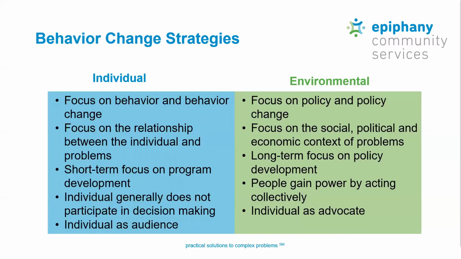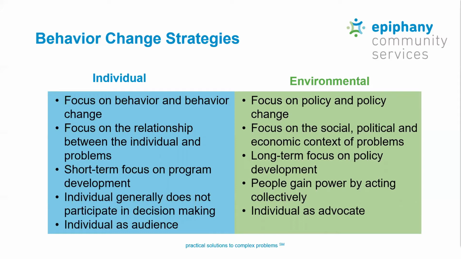When we look at the difference between the two, we know that individual is going to have more of a focus on behavior change. It tends to be those fluffy strategies that we like to implement, but at the end of the day aren't going to typically have any hard, lasting impact on our community.